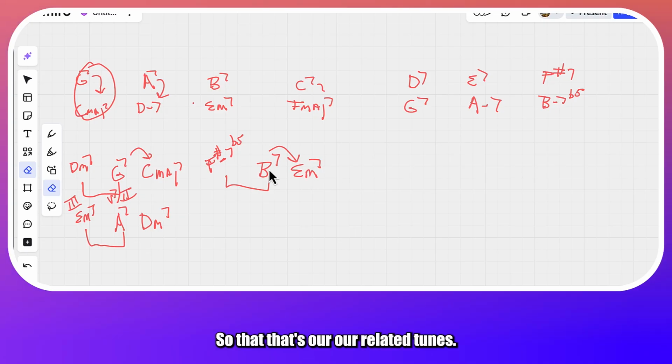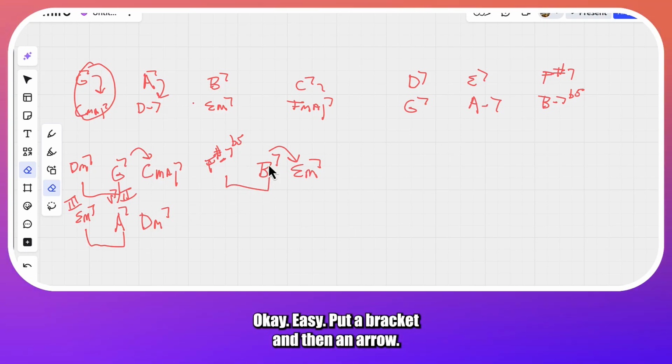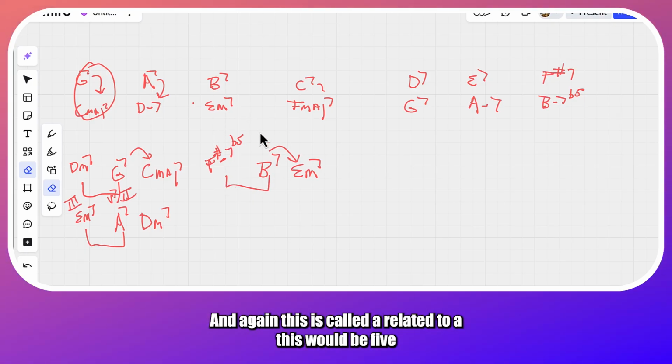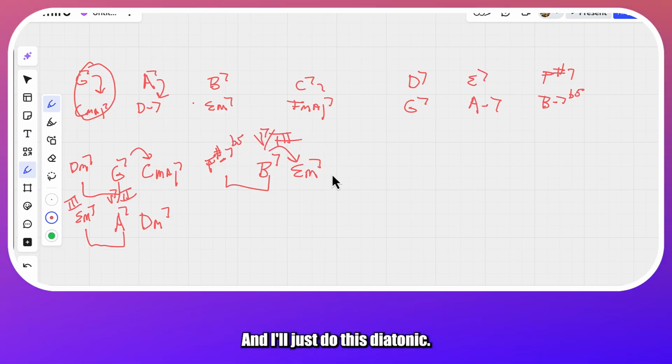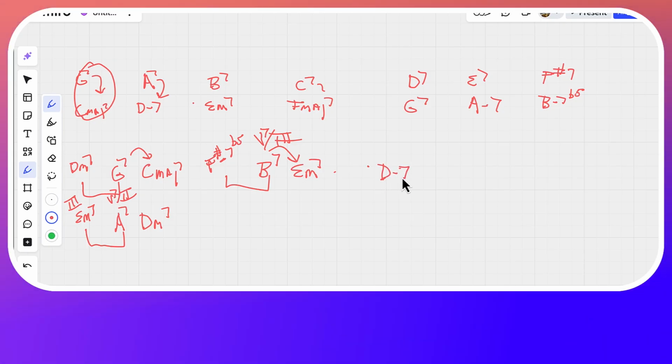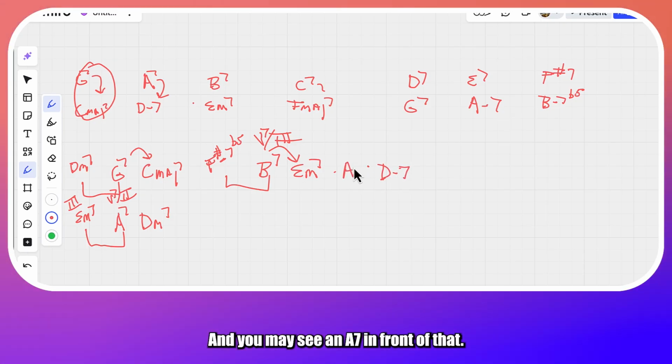Okay, so F sharp. Okay, so that's our related 2s. They usually put a bracket and then an arrow. And again, this is called the related 2, and this would be 5-7 of 3. And then I'll just do this diatonically. Then if we go to D minor 7, and you may see an A7 in front of that, right?